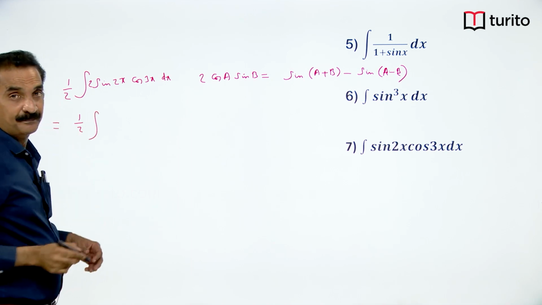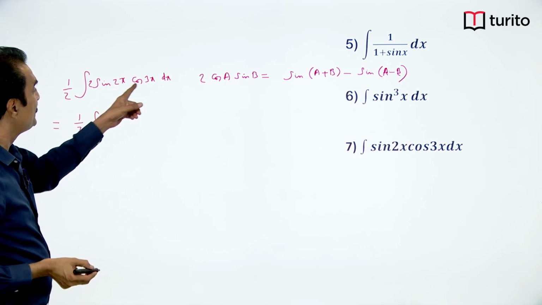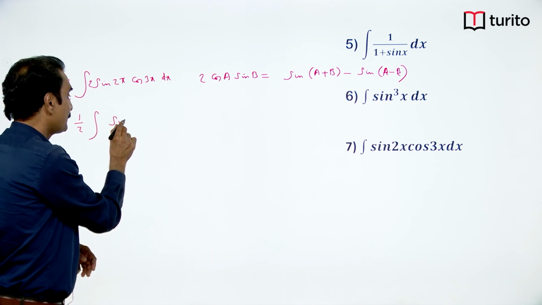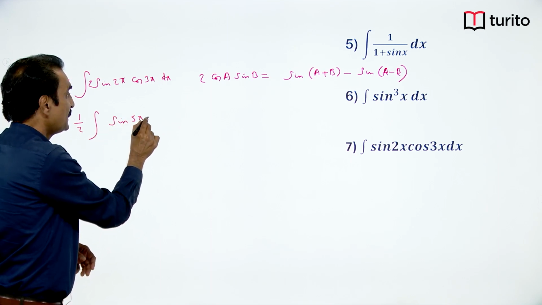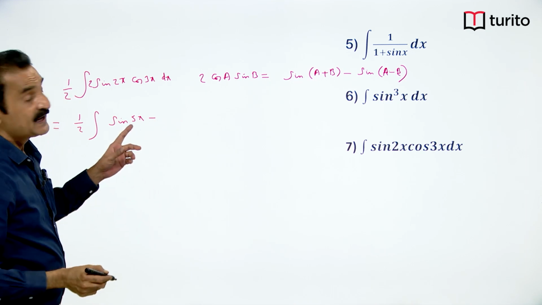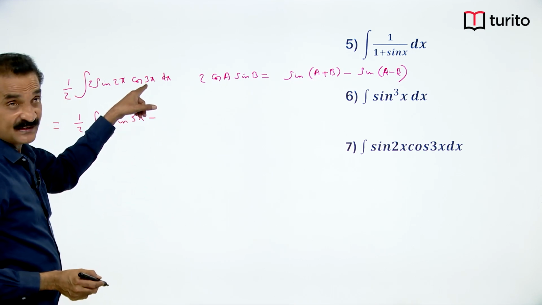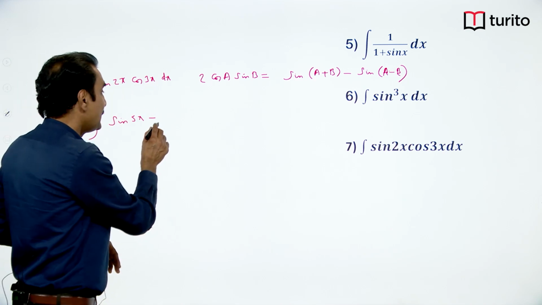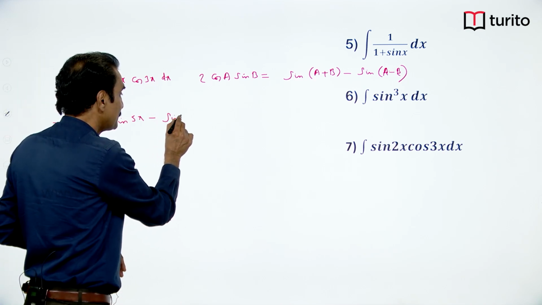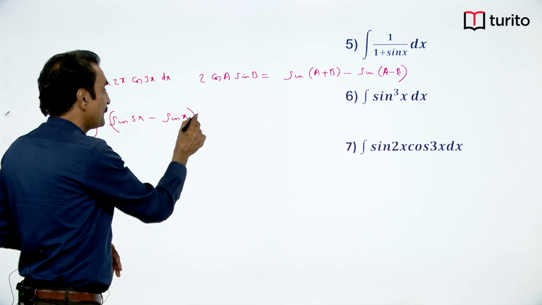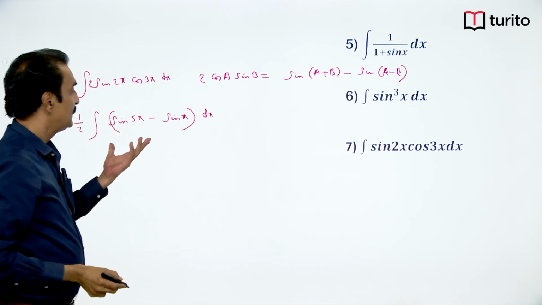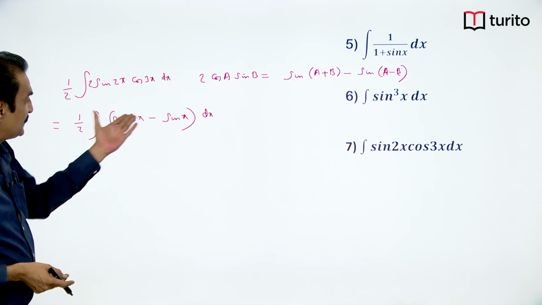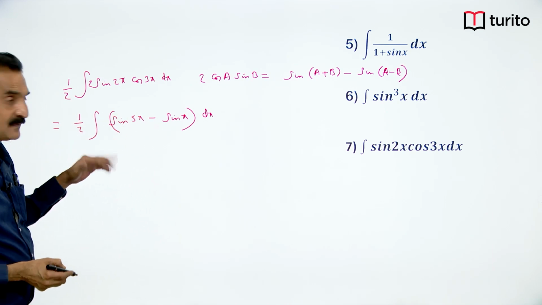half integral sin of A plus B, means sin of 3x plus 2x, sin 5x, minus sin of A minus B. A is larger angle 3x, 3x minus 2x, that is x. Now it is decomposed into a difference. Now we know the integral separately.